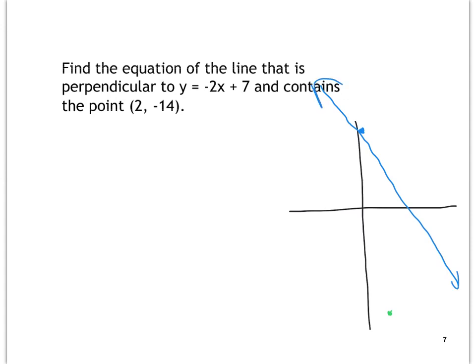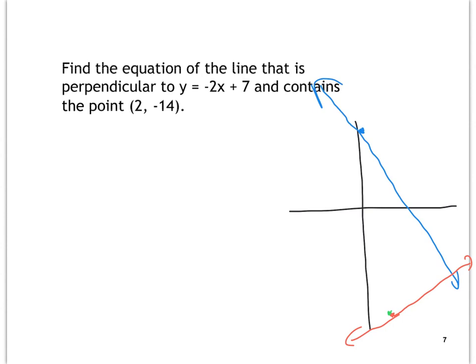So the line that we're going to be looking for, I'll do that in red, is going to go through this point down here, but it's perpendicular to the blue line that we drew. So again, we need to remember what is true about lines that are perpendicular. Their slopes are opposite reciprocals.